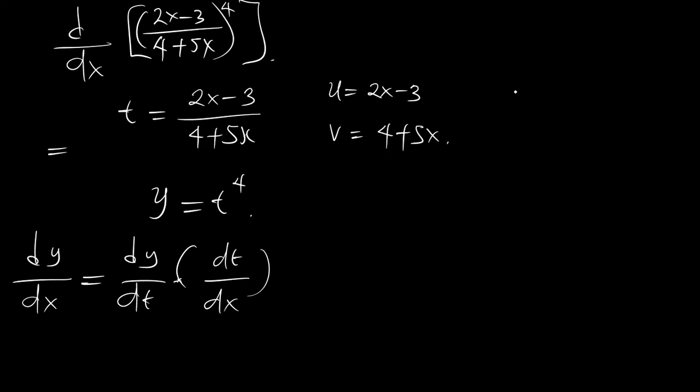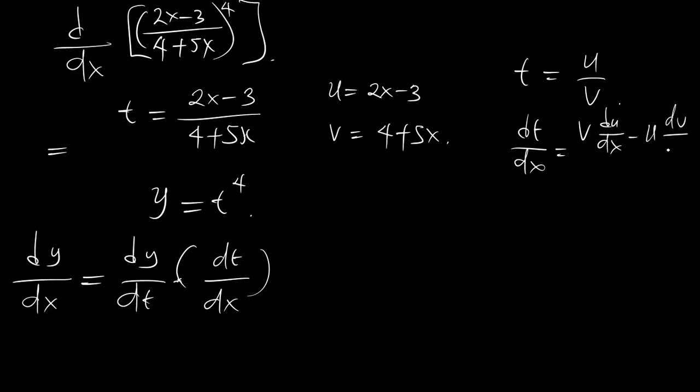Now, for the quotient rule, you have t equal to u all over v. The derivative of t with respect to x will be v, the derivative of u with respect to x, minus u, the derivative of v with respect to x, divided by v squared.